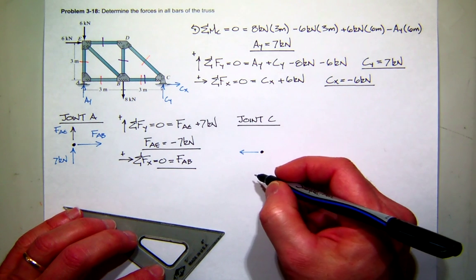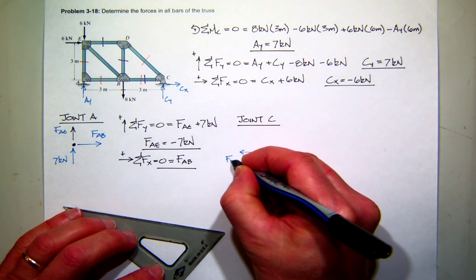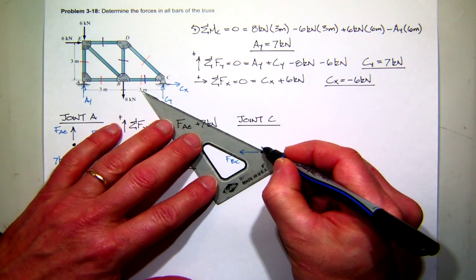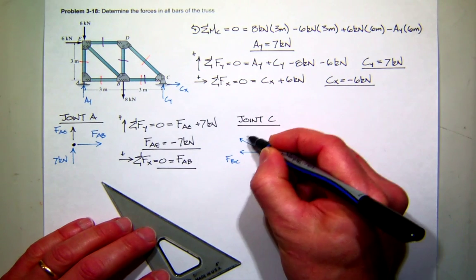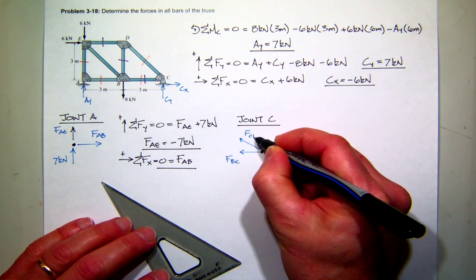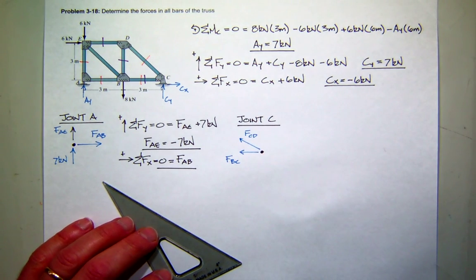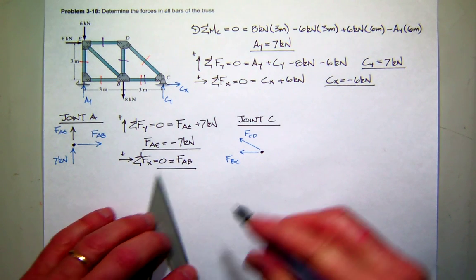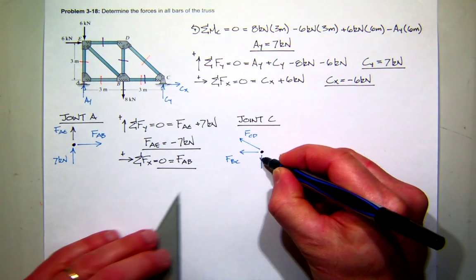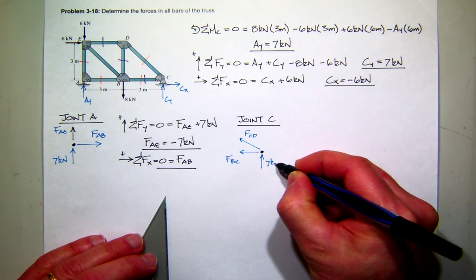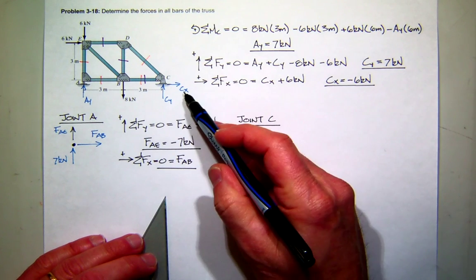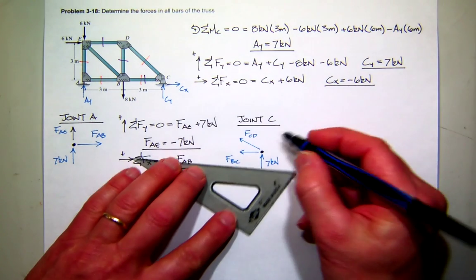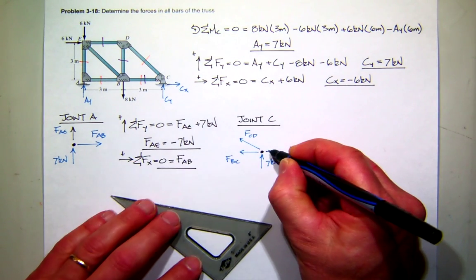Let's see. So this is the force in BC, and this is the force in CD, and then my reactions at C. CY was up 7 kilonewtons. And CX, I assume to the right, but it's negative, so that means it's actually in this direction.